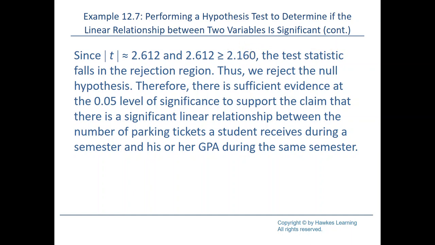So the test statistic does fall in what we call the reject region, and since it falls in the reject region, we have enough evidence here to reject the null hypothesis, meaning therefore there is sufficient evidence at a 0.05 level of significance to support the claim that there was actually a significant level of linear relationship between the number of parking tickets a student receives during the semester and his or her GPA in the same semester.